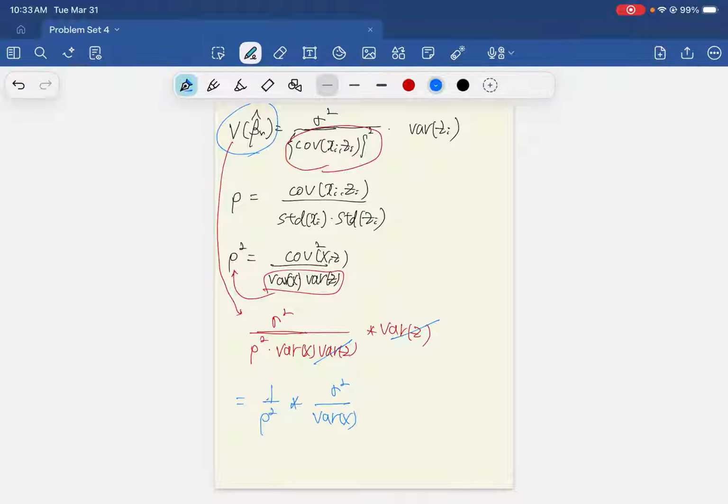All right. And what is interesting here is this much is the variance of OLS, and then this is kind of a weight, some multiplier. Then what is it? By the way, you know the correlation coefficient is always less than 1. So that means its square is always between 0 and 1. They may be equal, but let's ignore equality. The square is less than 1 and positive. And that means 1 over the square is greater than 1.